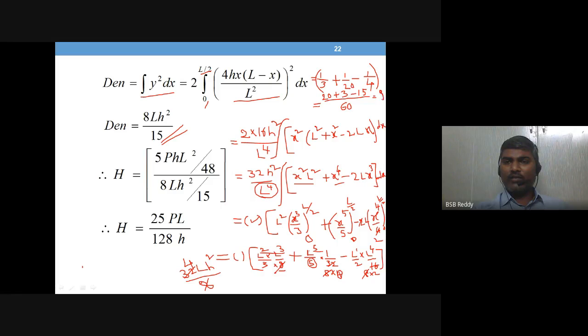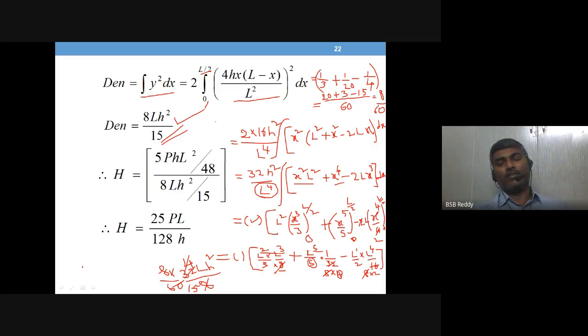To this number you should multiply this, it is 8 by 60. So 4 15s. So what you have, 8 by 15 L h square.